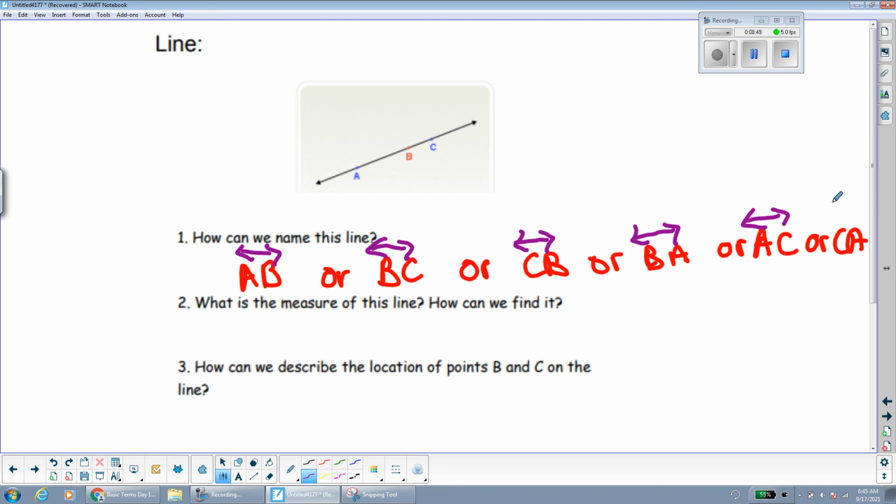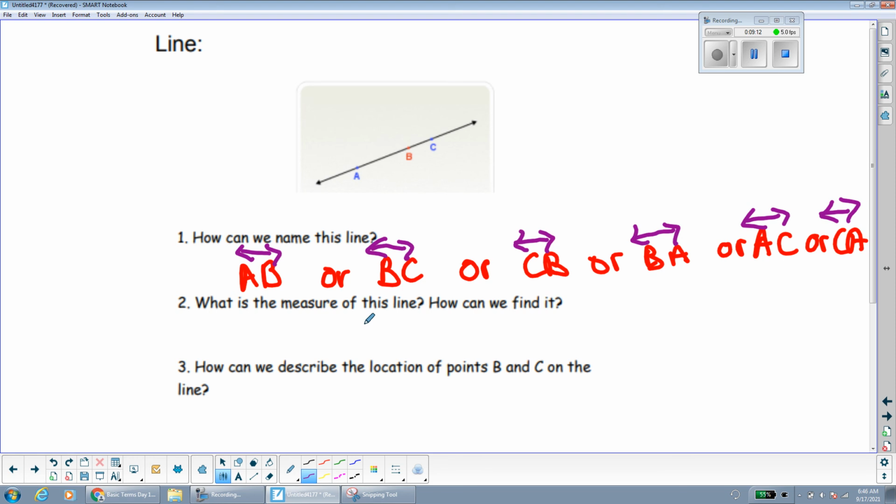It has an arrow on each end. And that's why we're able to name a line using any of its 2 points in any order. Since it goes forever to the left and forever to the right, it doesn't matter in which order we name it because there's no start and stop. It goes forever in both directions.